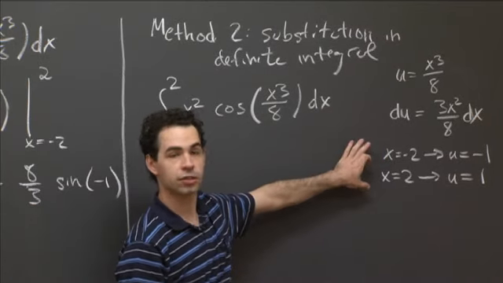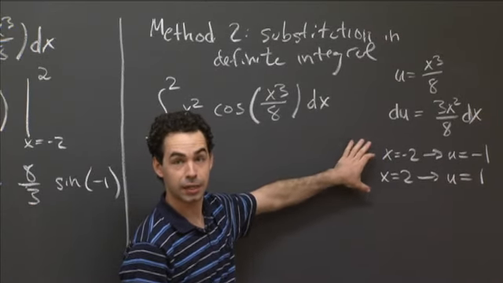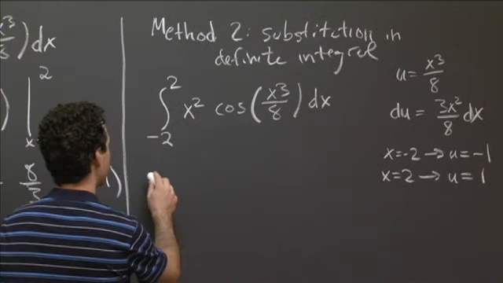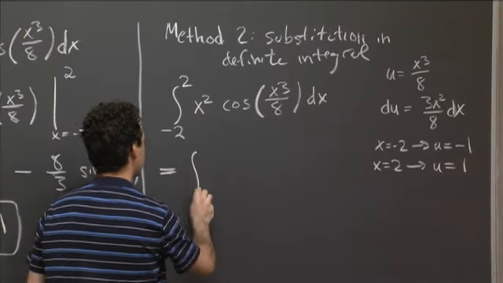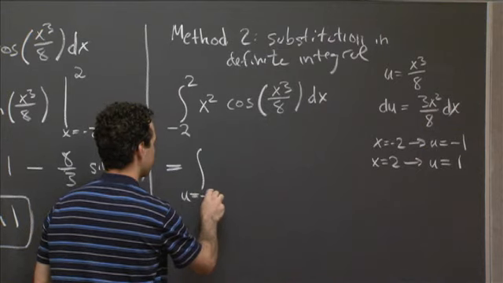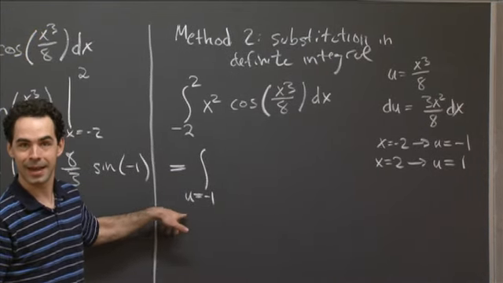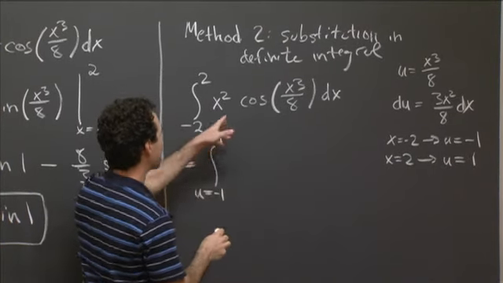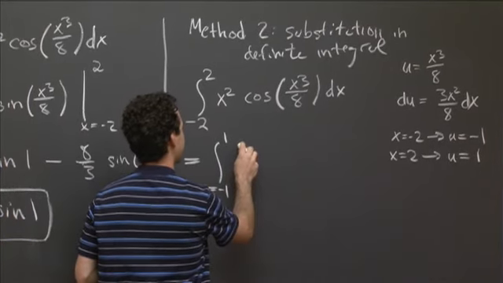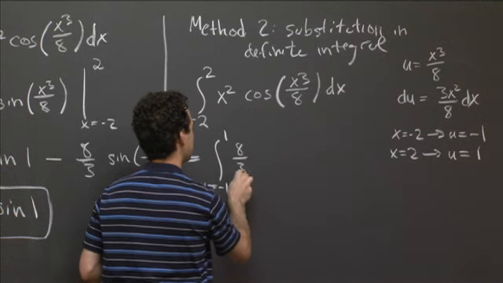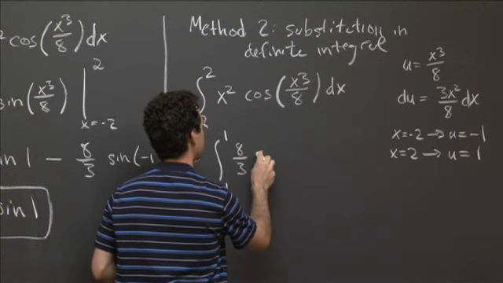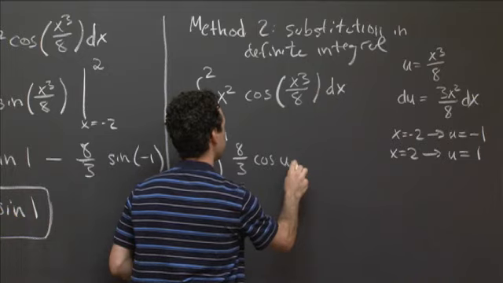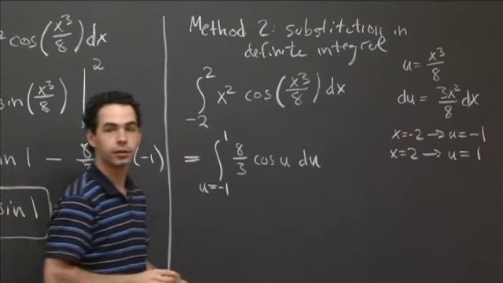So we have this extra step when we do it this way of changing the bounds. OK, so I do that. So now I get the integral from u equals minus 1 to 1 of, and now the inside transforms exactly the same. So it's 8/3 times cosine u du.